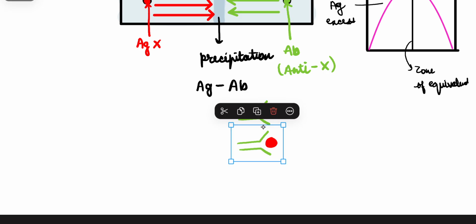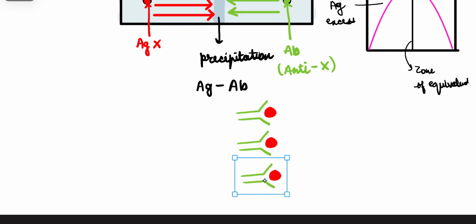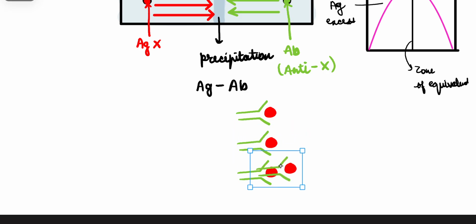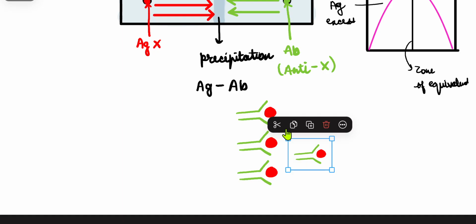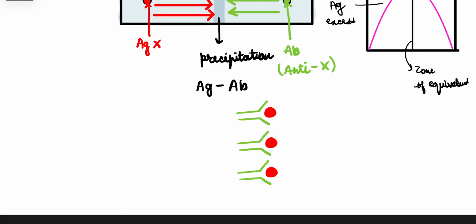Suppose one is here, then one again here, then one again here. Suppose then one comes out here, one here, one here. These are the antigens only, and then these are the antibodies.